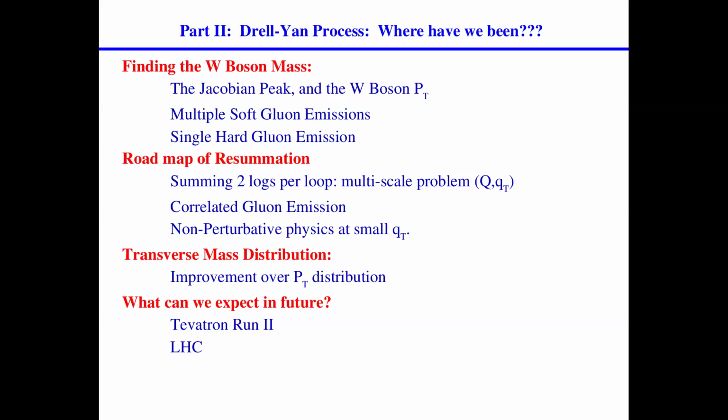And there's a whole other set of multi-scale problems with quark masses, the heavy quark mass, and you heard a little bit about that with the PDFs and the variable flavor number scheme. And then the transverse mass is an improvement over the PT distribution, but putting those together, particularly for this puzzle we have with the CDF measurement of MW, we'll have to figure out what's going on because it's a fun one to look at.